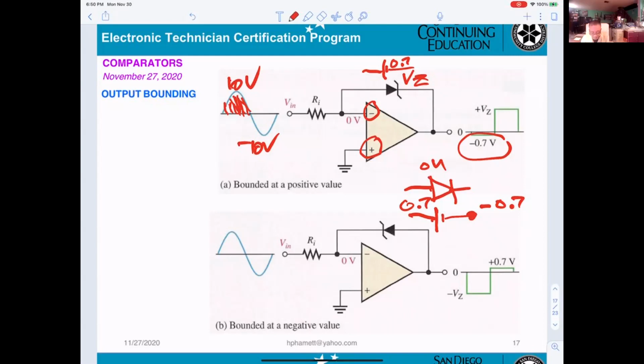The negative. So the output will go to negative saturation. And the other side of the diode will be 0 volts, right? Why 0?